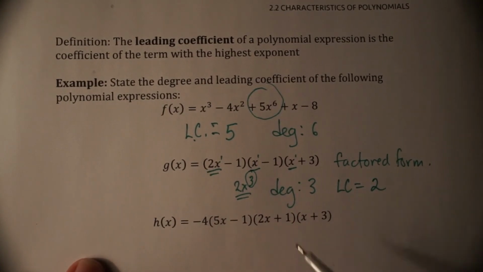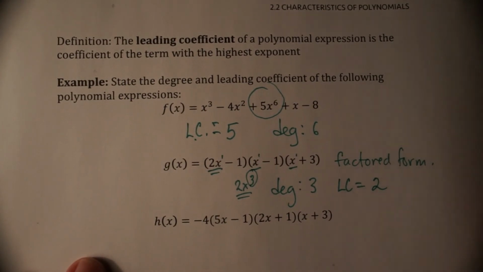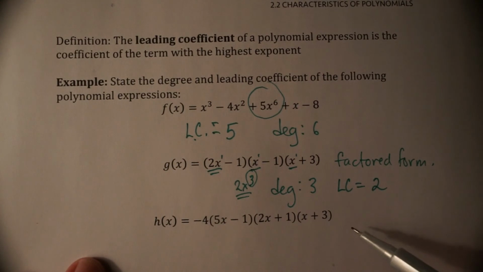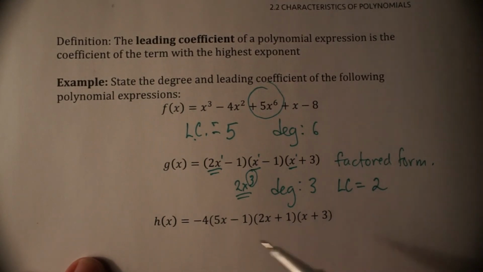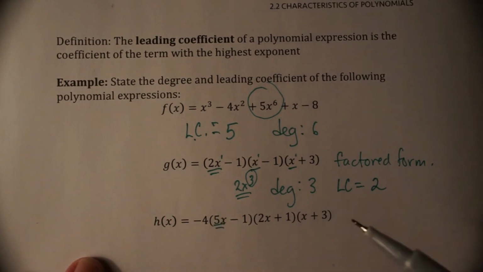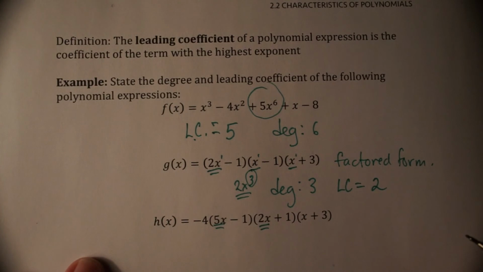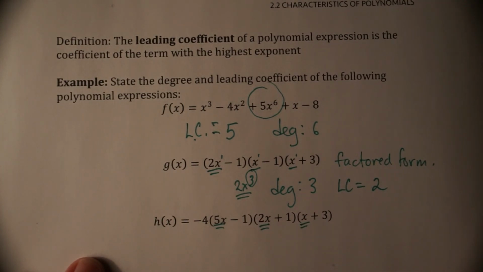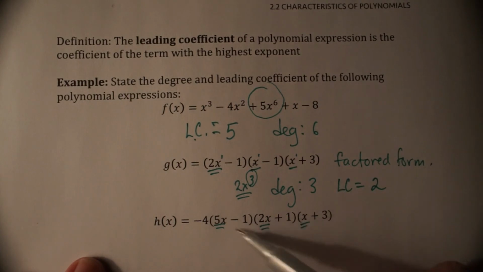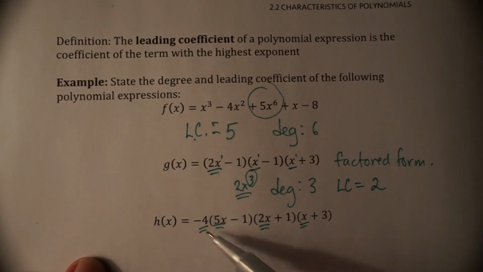Okay, we're going to do the same thing with this one. All right, so again, it's in factored form, so we have to think about what would be the highest power if we were to multiply them out. Well, 5x is the highest term in that bracket, multiplied by 2x, which would be the highest power in that bracket, and x, which would be the highest power in that bracket. When I multiply all three of those together, I'm still also going to multiply it by this number in the front.